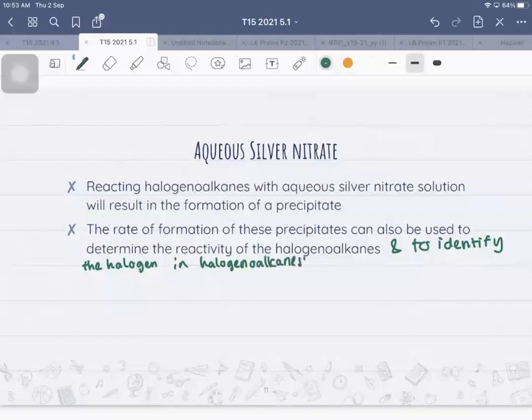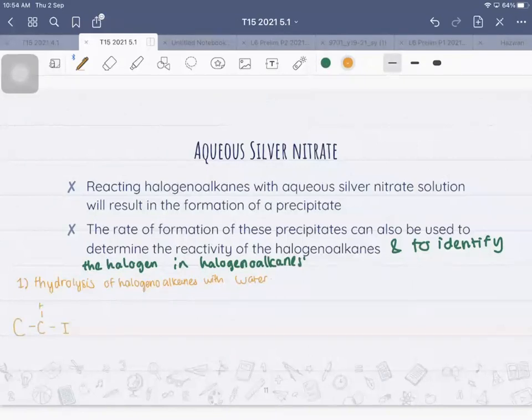Okay, so I will just write down the equation of what's happening here. First reaction is the hydrolysis of halogenoalkanes with water. I've got about 6 minutes. Can I do this? Yes, I probably can do this.